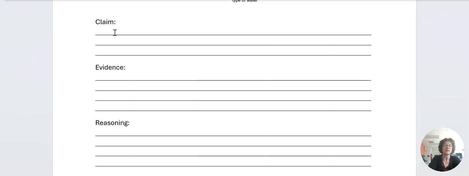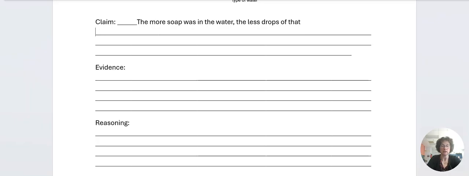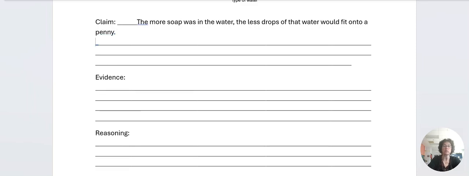The simplest way to say that, and many of you did this, was just to say the more soap was in the water, the less drops of that would fit onto a penny. That's one correct way of saying a claim.